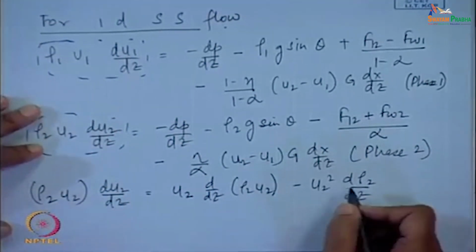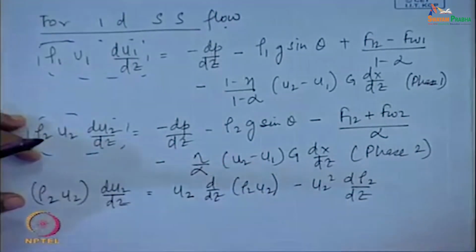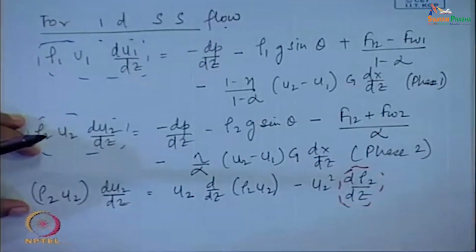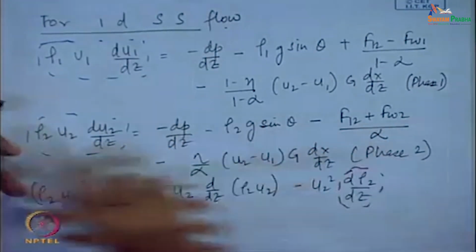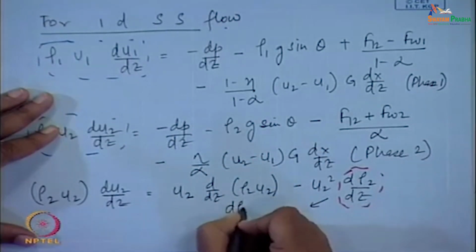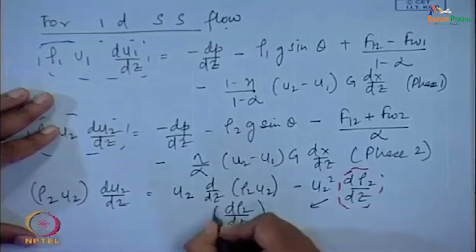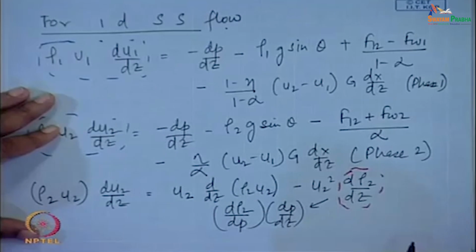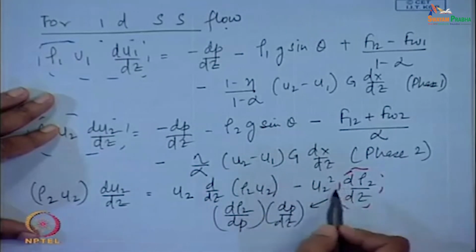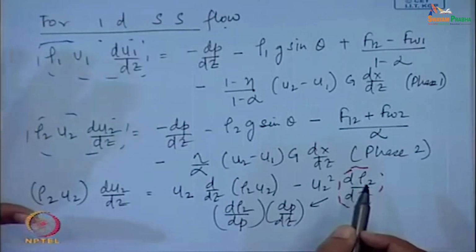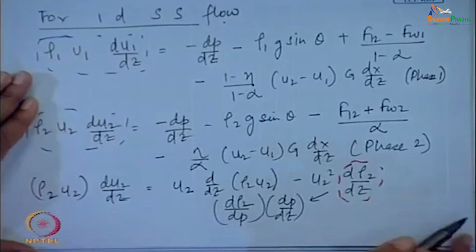Now, what is this d rho 2 dz? If you observe this particular term, this is nothing but d rho 2 dp into dp dz, yes or no? So, again we get a dp dz dependence on the one particular side, on the left hand or the right hand side, whatever the case may be, agreed.